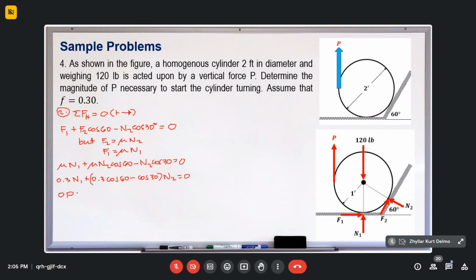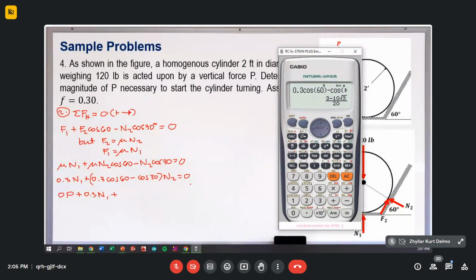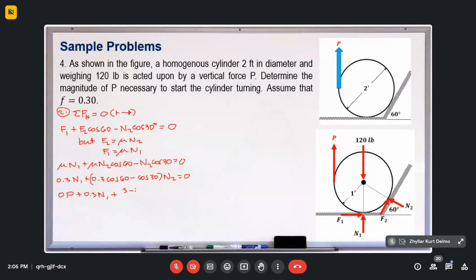Then, plus 0.3 N1. Then, plus 3 minus 10 square root of 3 over 20. This is N2 is equal to 0. So, this is our equation 2.